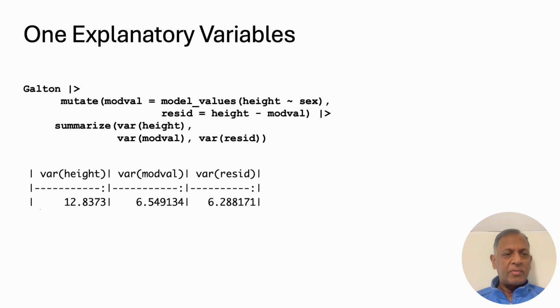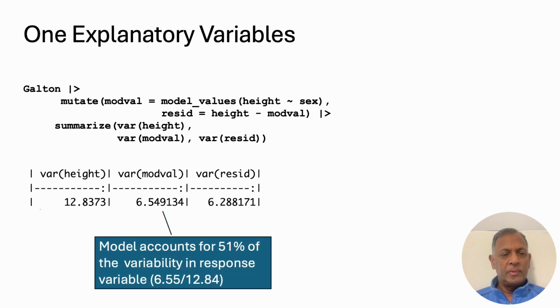This time we see, of course, that the model is able to explain roughly 50% of the variation in the response variable. The R square is actually 51% or 0.51. So 49% of the variation remains unexplained.